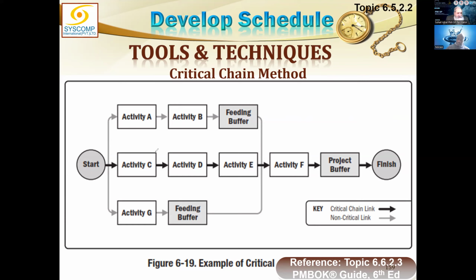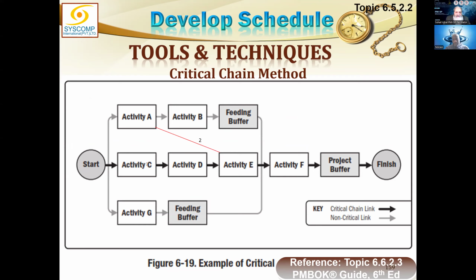It could be like this: a resource getting freed from A is going to go to E. So I wanted to put a 2 days buffer here. I will say 2 here.